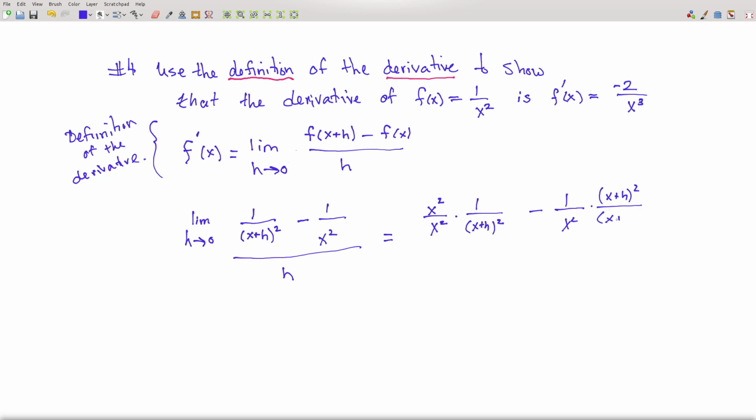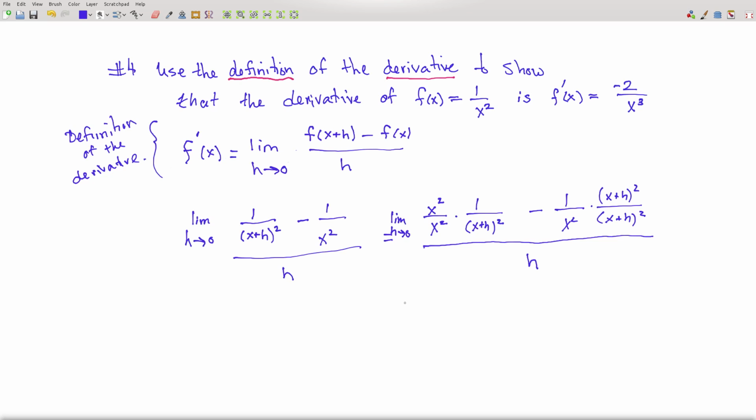The purpose of doing that was to get a common denominator. Of course, all of this is still over h, and we're still taking the limit. This is still a problem of finding the limit as h goes to 0.